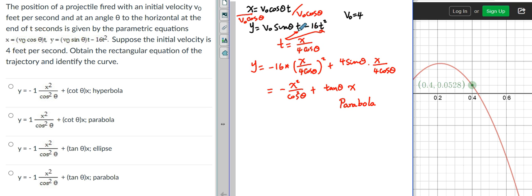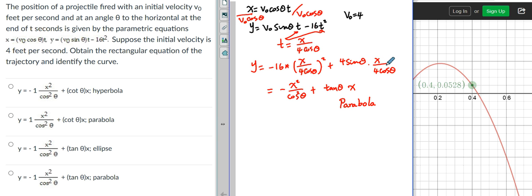So that will give us negative 16, which I put right here, times t squared, which will be x over 4 cosine theta, squared, plus, again, v sub 0 is 4 times sine theta, and then times t, which is x over 4 cosine theta.